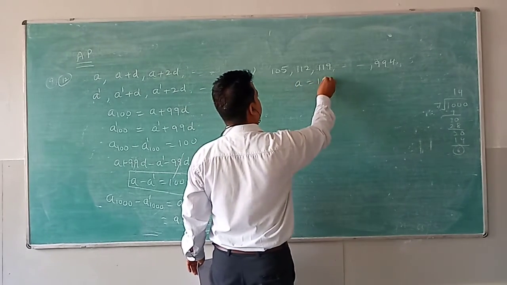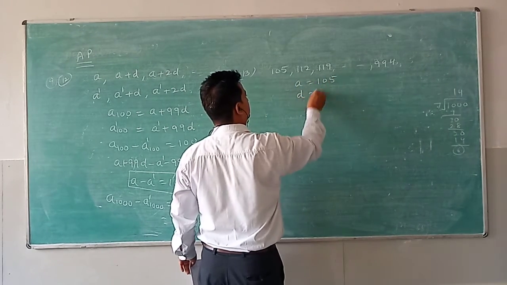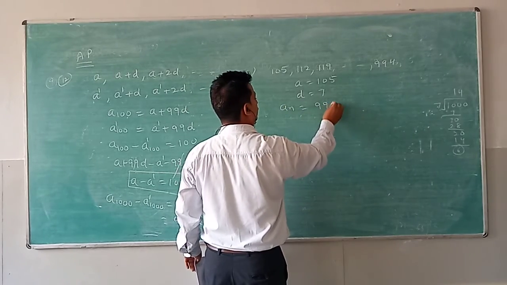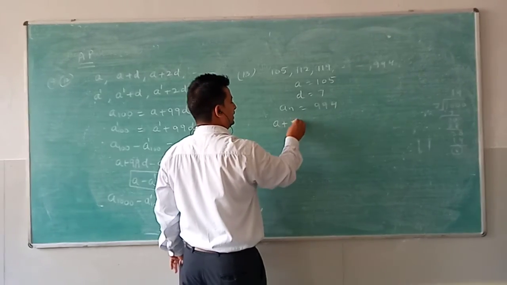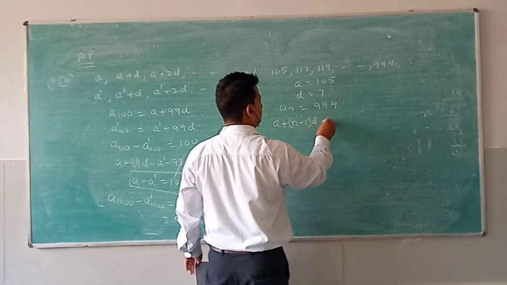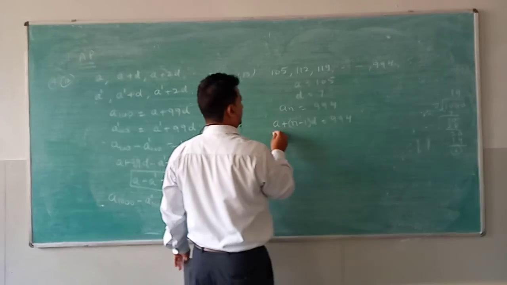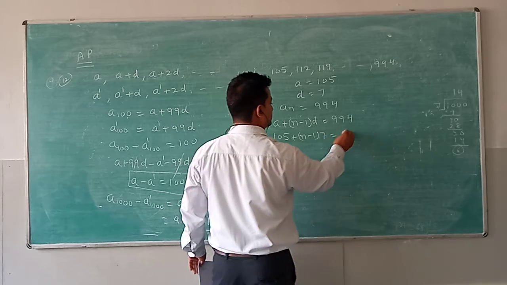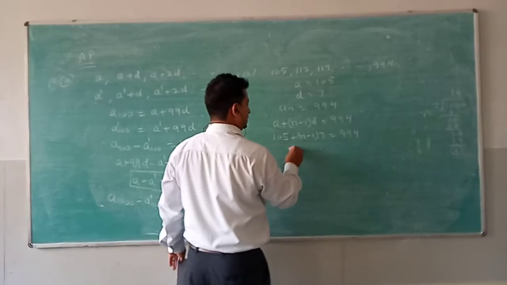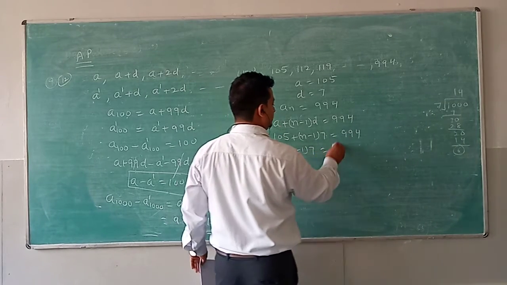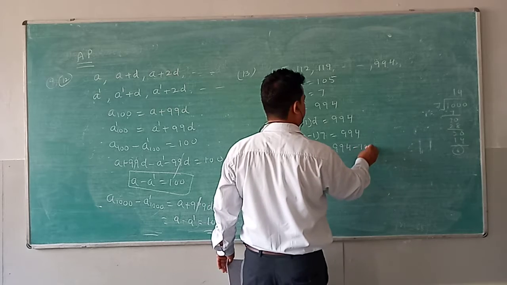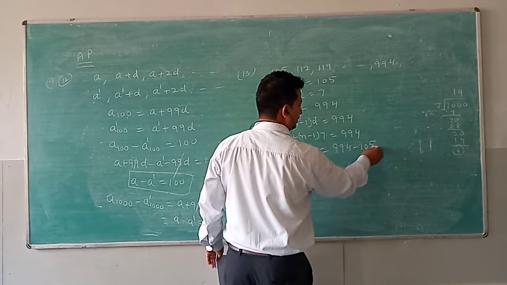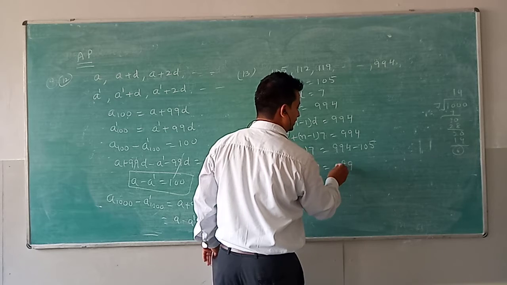In this, a is 105, d is 7, and an is 994. So an is a plus n minus 1 into d, 994. a is 105, n minus 1, d is 7. n minus 1 into 7 equals 994 minus 105, which is 889.